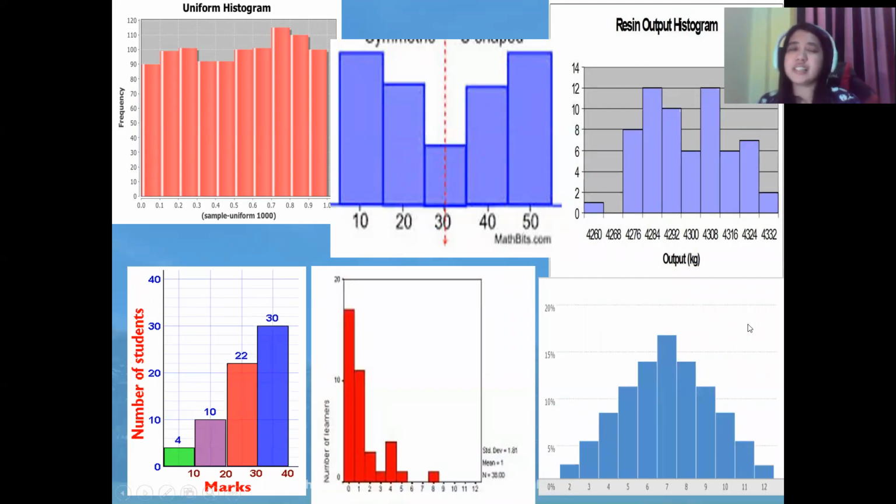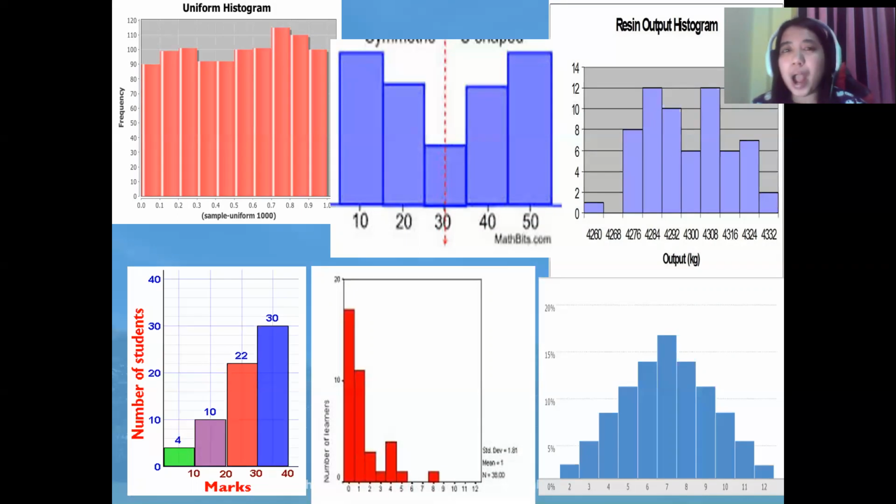So actually, aside from mentioning how it looks like, whether it looks like J, U, or inverse J, we can also describe our histogram in terms of the highest frequency. So just like here, if we have one highest frequency, we call that unimodal.